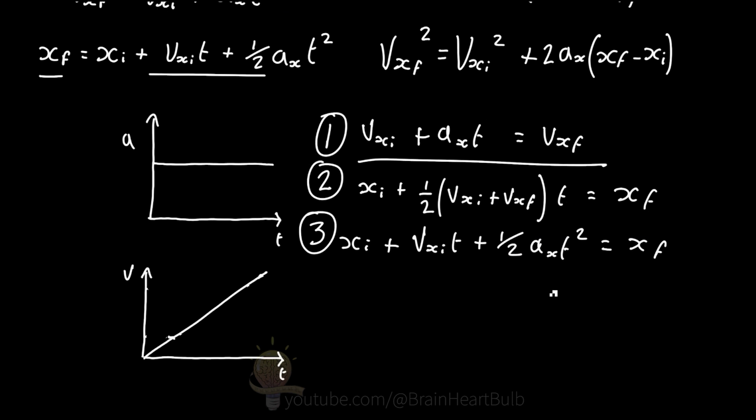For the last equation, we're going to rearrange equation 1 to make t the subject and then insert it into equation 2 here. So subtract the initial velocity from both sides and divide both sides by the constant acceleration.